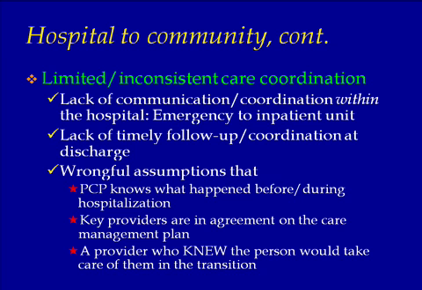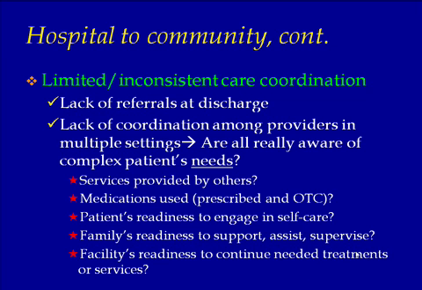And the other side of it is a provider. We make the assumption that someone who actually knows them is going to be providing their care. And too often that is not the case. And in the absence of an accurate history, the plan falls apart. So the other piece of coordination that we can talk about, and this is a continuation of before, is that we don't make enough referrals at the time of discharge.